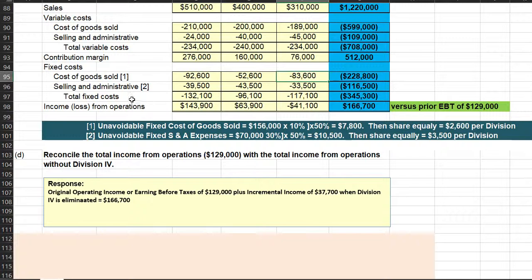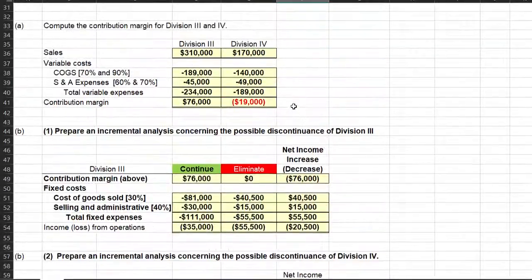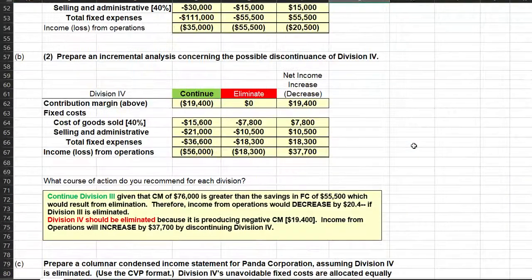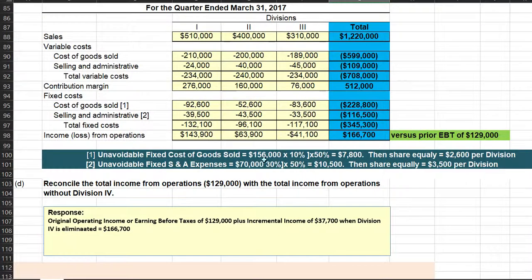Similarly, for the fixed selling and administrative expenses, we are eliminating the fixed portion for Division 4. Remember that 30% of this, which is 30% of 70,000, is 21,000. And so half of that would still exist even after the division has been eliminated.